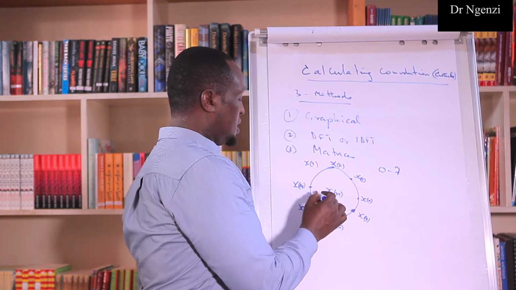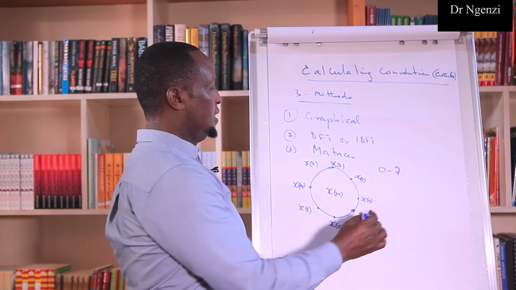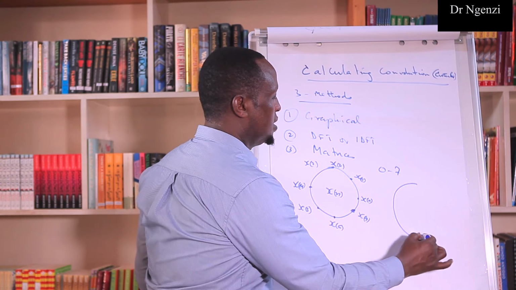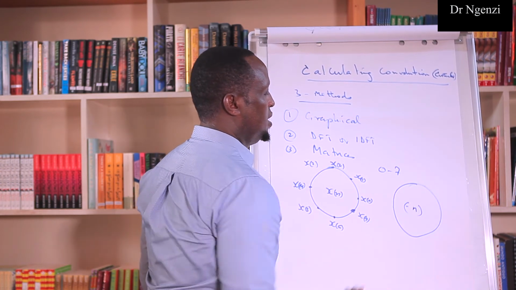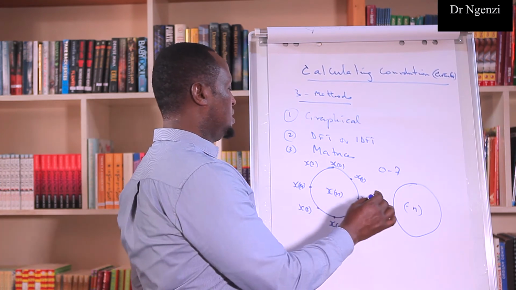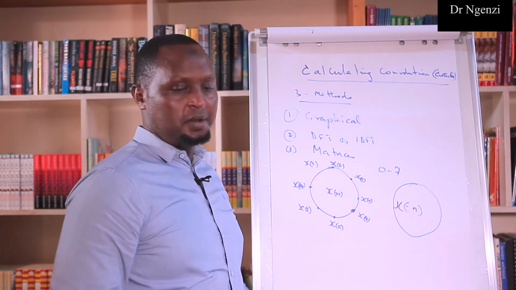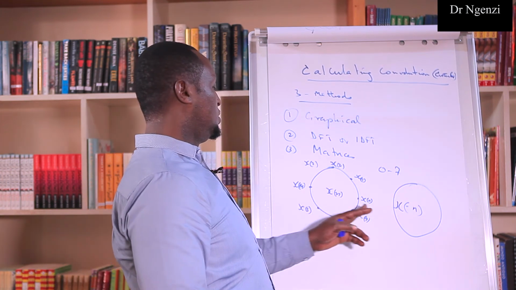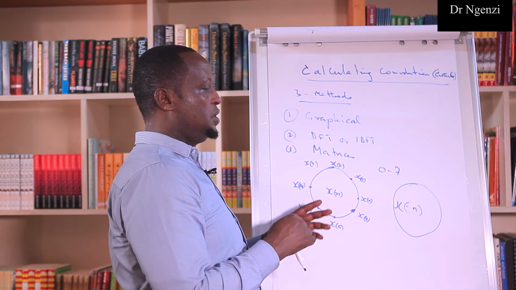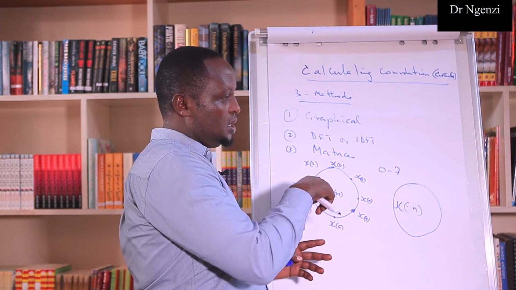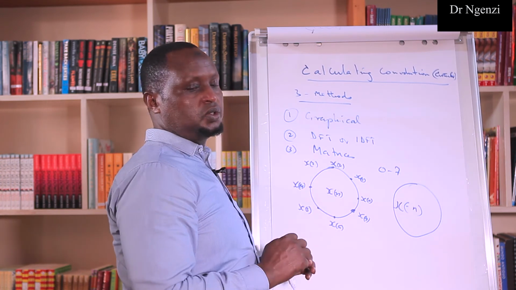So this is a circular convolution, but if it is x of n minus 1, or x of minus n, then it can go the other way. So it can be anti-clockwise, and the other one can be clockwise. If you turn the other way around, then the values are going to change.